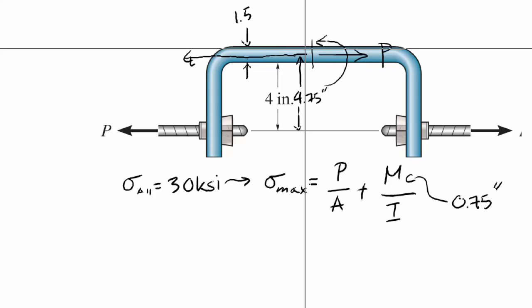Okay. And you know through the formulas, the inertia of this bracket, if I was to take a section cut right over there, you know that the diameter is equal to 1.5, and from there you can find out what your inertia is.